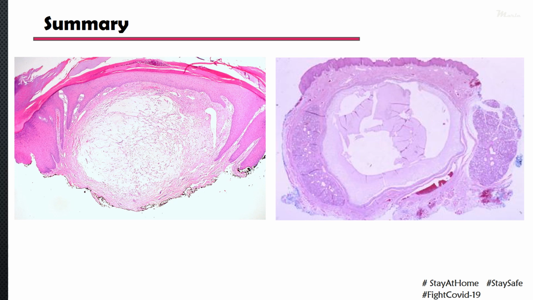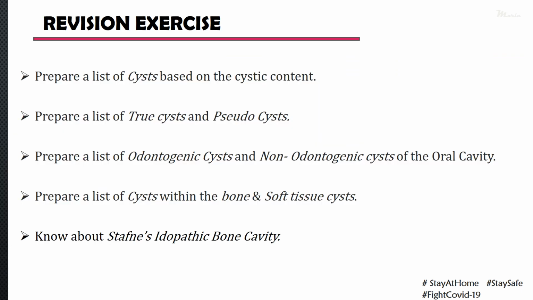I hope the understanding of this topic has been done by all of you based on this lecture. So I suggest all the students perform some revision exercises following this lecture. If we follow these exercises, it would help in the future understanding of other pathological concepts as well.